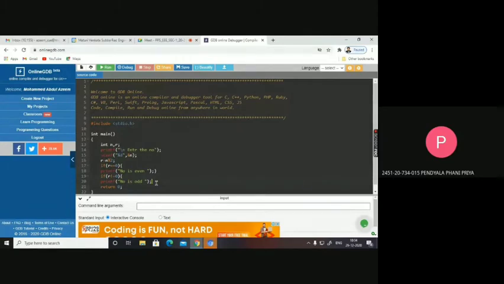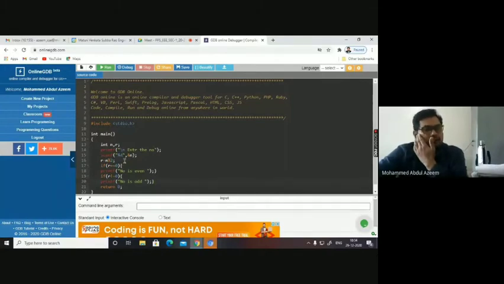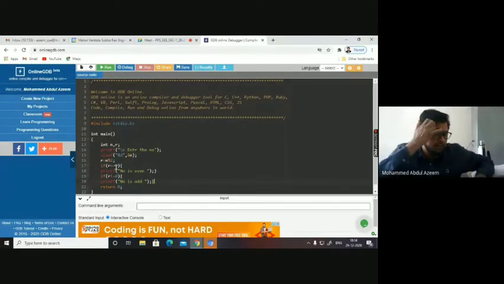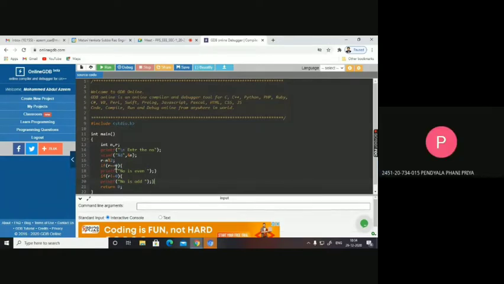Sir, can we apply this in division? Yes, division. In division you will get the quotient. We wanted the remainder out of it, so for that we have to use mod. Sir, the denominator shouldn't be zero.